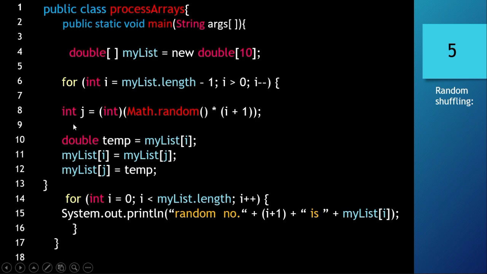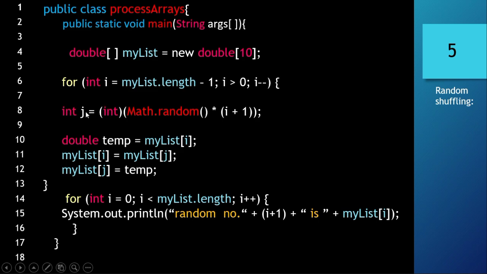And then we say int j is equal to int math.random and all this. Sorry, just before you copy all this, int j is not allowed within this for loop.